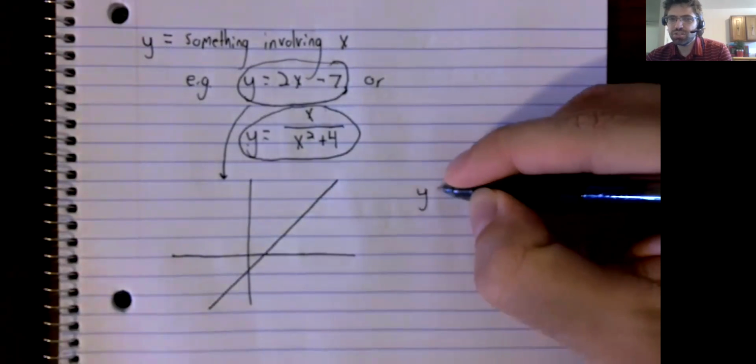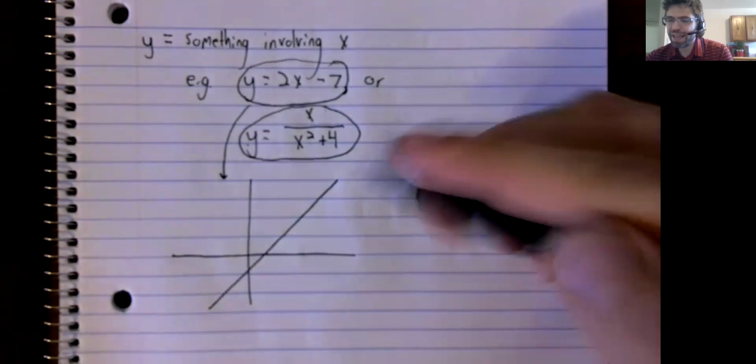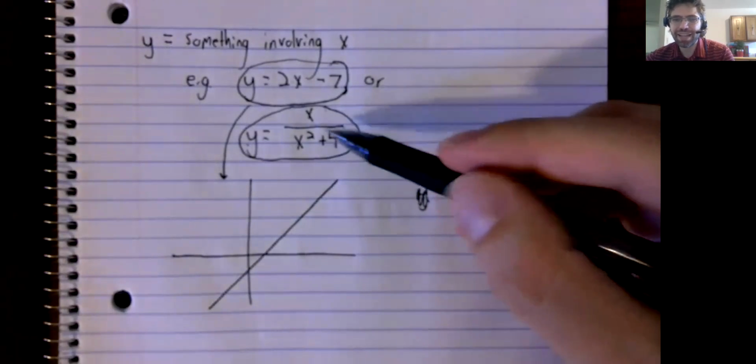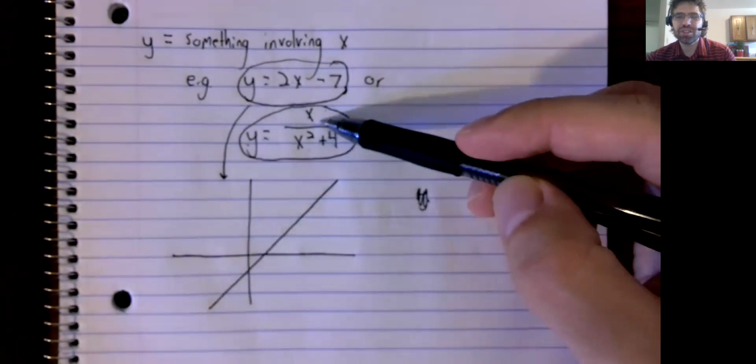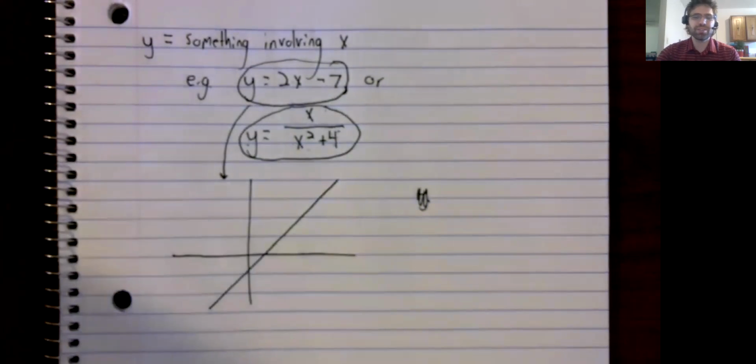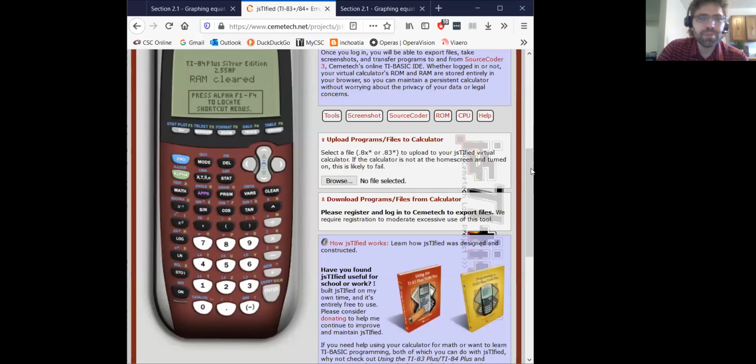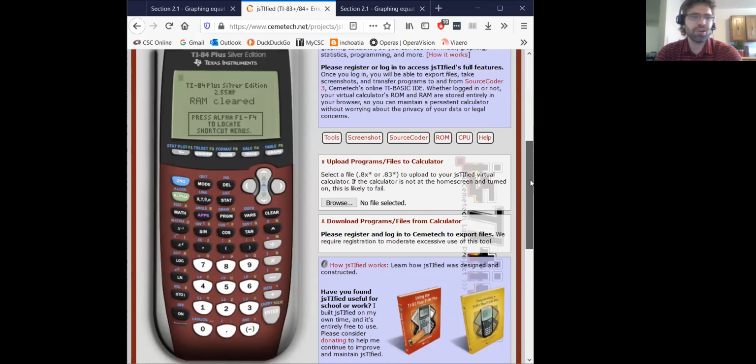Let me just jot. Oh, I have jotted down what this equation we're going to graph is. And let me now share. Let me try to find my, here we go, my calculator.